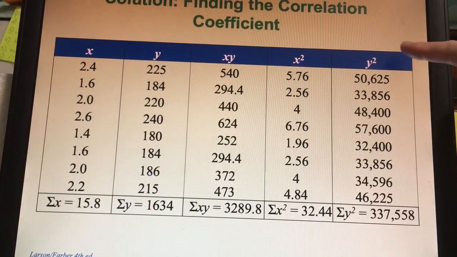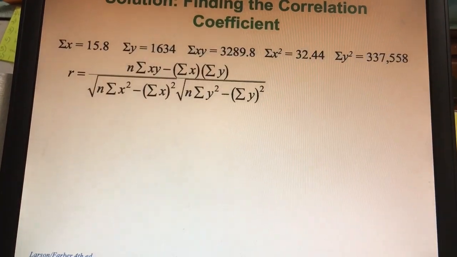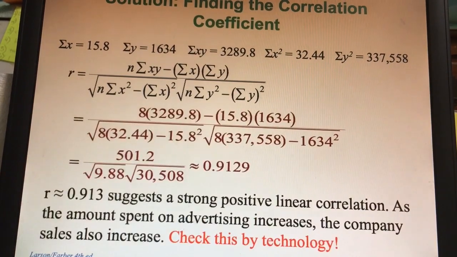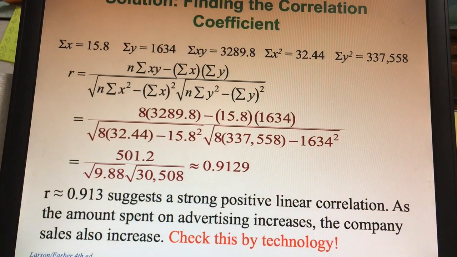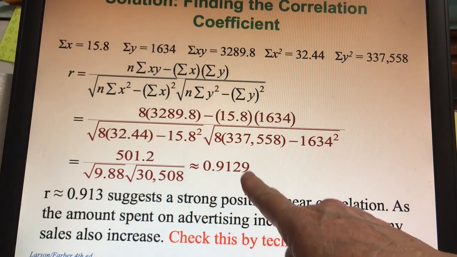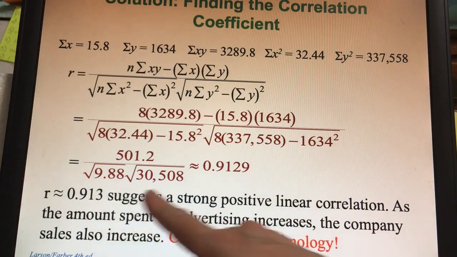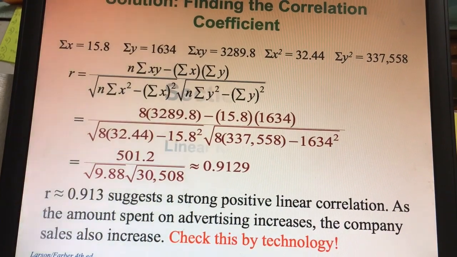And then lastly, the Y squareds. And then we plug those into our very nice, tedious formula. And there it is. And we get 0.9129, which we should check with our technology. And we will actually see this again because we're going to continue this example. So 0.913, you should see that when we do this a little bit later.